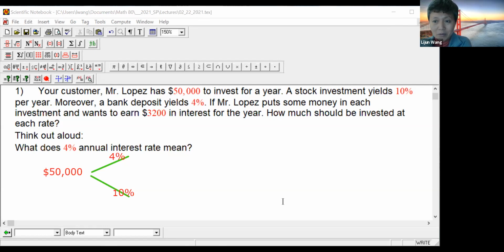Do you follow me? But a bank savings account, a 4% savings account, is usually a guarantee. You have FDIC insurance that covers whatever amount you put in the bank, so you're not going to lose money. Does that make sense?